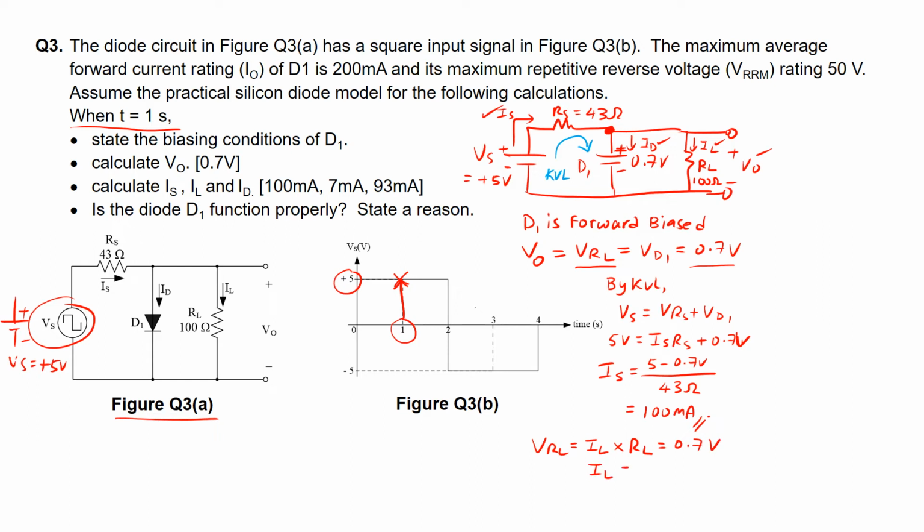IL is the one that we need to find out, so IL will be equal to 0.7 volts divided by the resistance value of RL here. In this case, RL has a resistance value of 100 ohms, and therefore we will have a final value of IL equal to 7 milliamps.